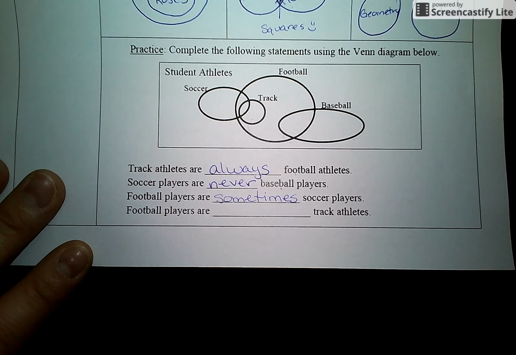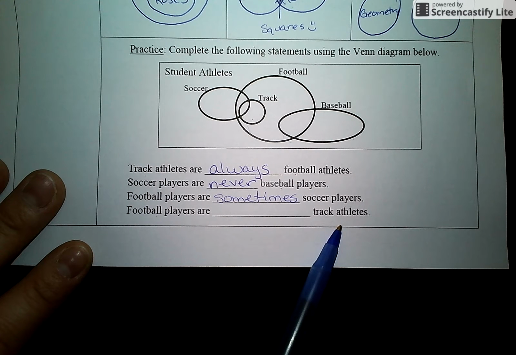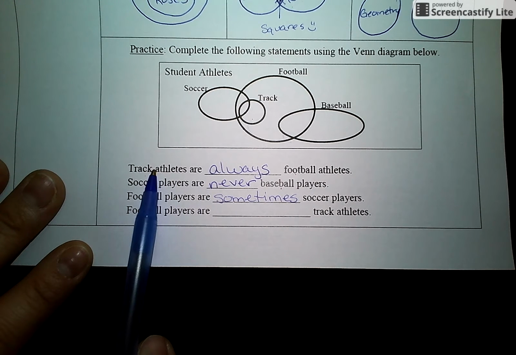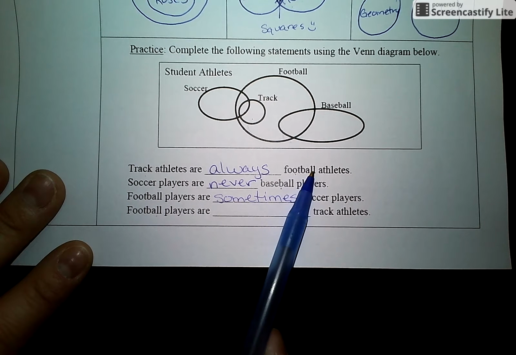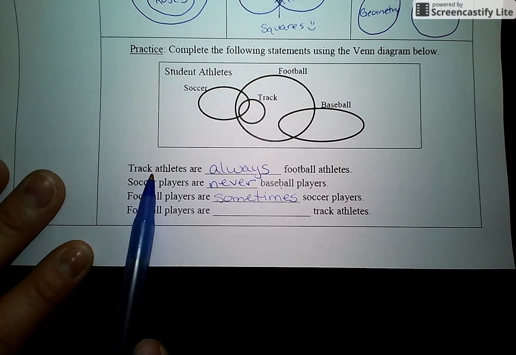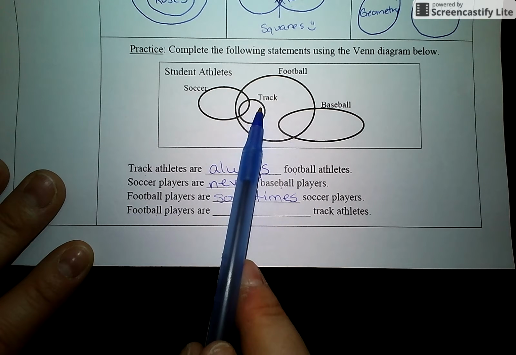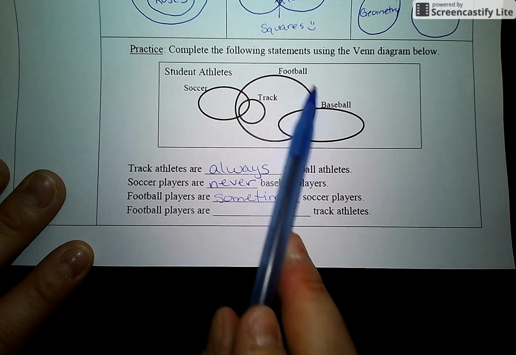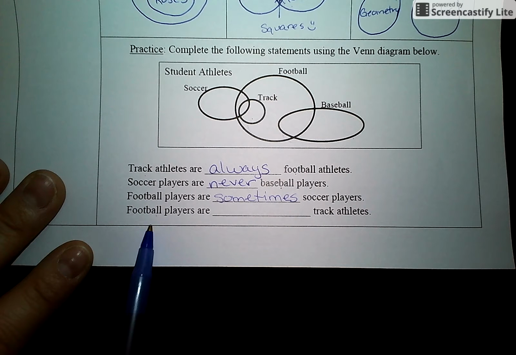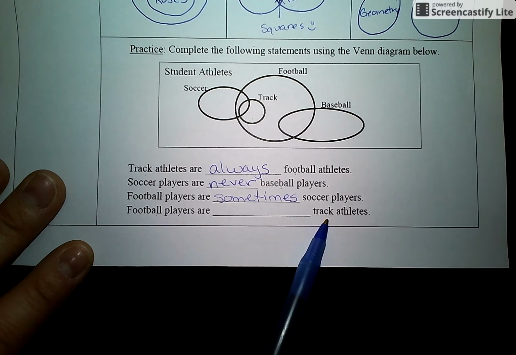Our last example is comparing football players with track athletes. Well, up here we had track athletes and football players, but the way this reads, the track athletes are always football players because track is completely consumed by football. But if we flip it around, not all football players are also track athletes.